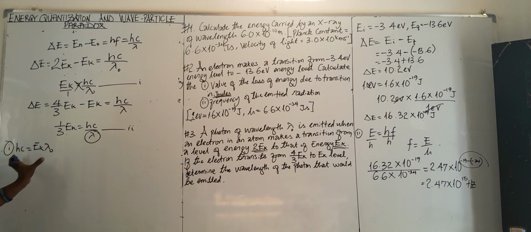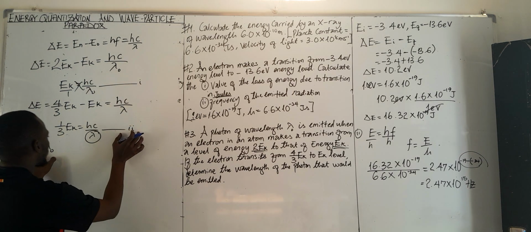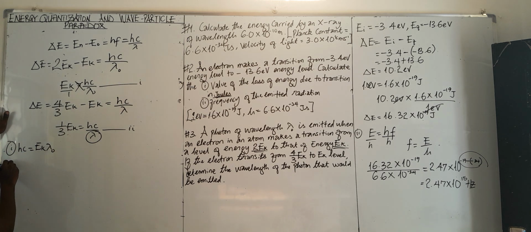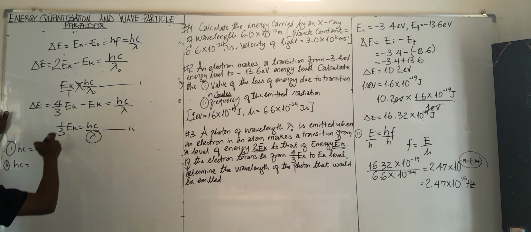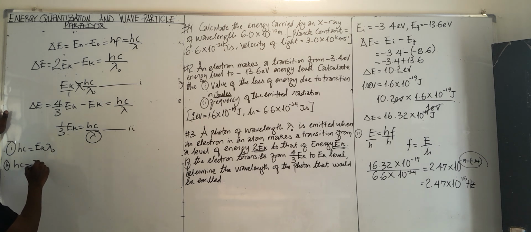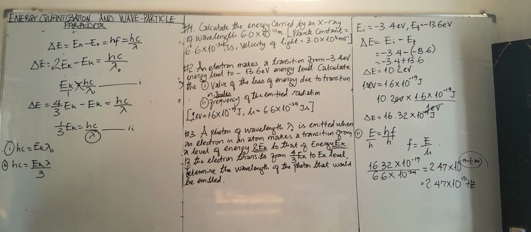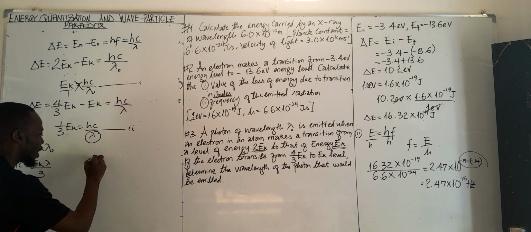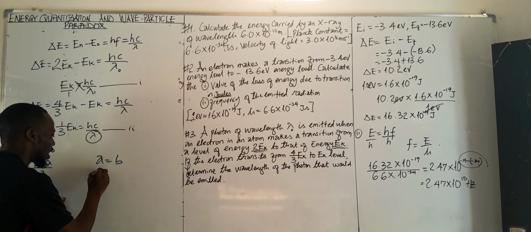So I've made that the subject of the formula. Now in equation 2, let's make hc the subject too. So this times this will now be EK lambda over 3.